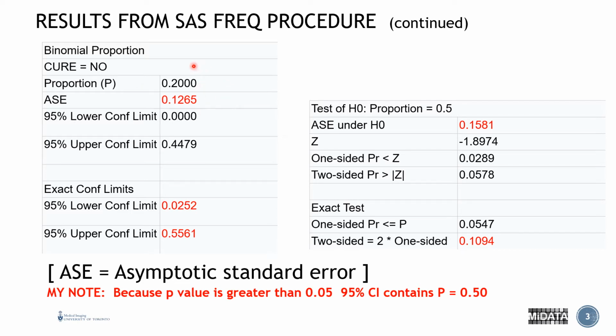And so what SAS does is it wants to give you a confidence interval or confidence limits around your sample proportion. The ASE here represents what's called the asymptotic standard error. We need the standard error in order to calculate the confidence limits.